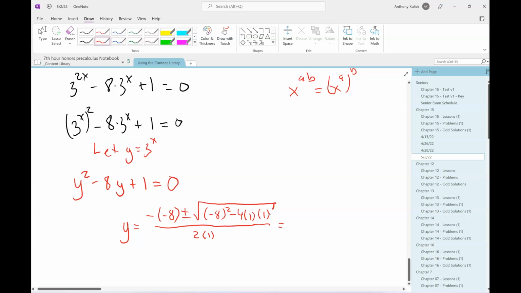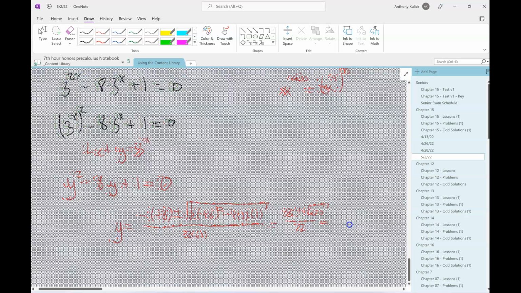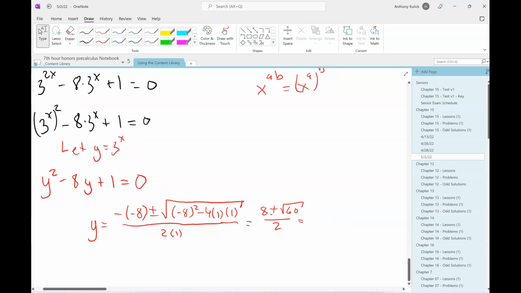Okay. So I have 8 plus or minus, -8 squared is 64, minus 4 is 60. And the square root of 60 is, what, 4 times 15? Why would that be important?